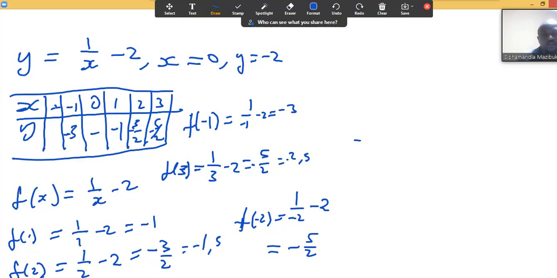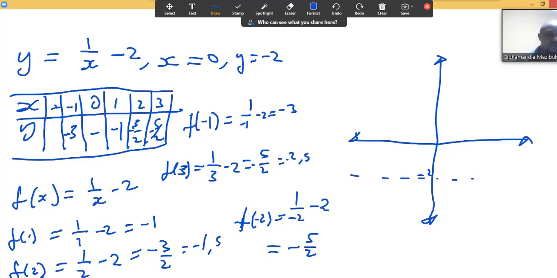Let's look at our graph now. We know we have an asymptote of minus 2. So this is our asymptote. We have our x here and our y here. What other coordinates do we have?